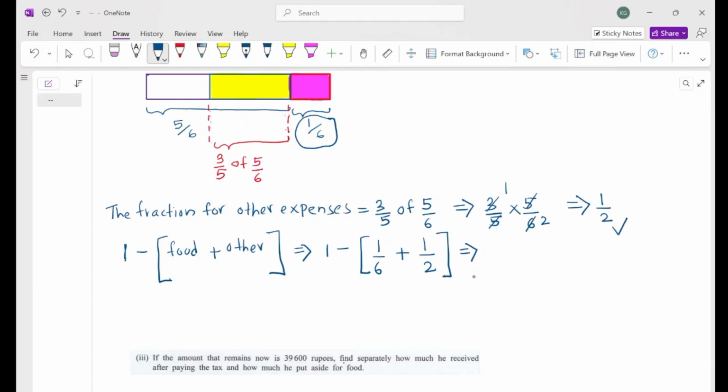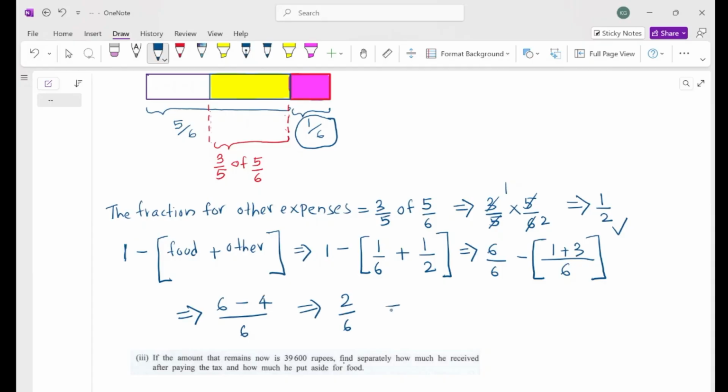So I'll take 6 as the common denominator, so I have 6 out of 6 here, minus 1 out of 6, and to convert this 2 into a 6 I'll multiply by 3, so I have a 3 in the numerator. So it would be 6 minus 1 plus 3, which is 4 out of 6.